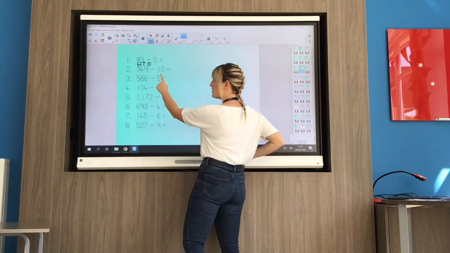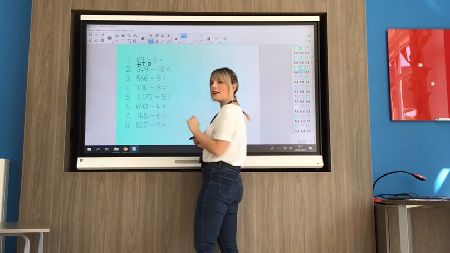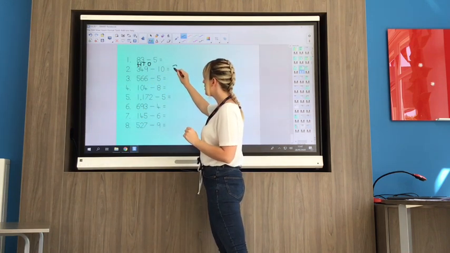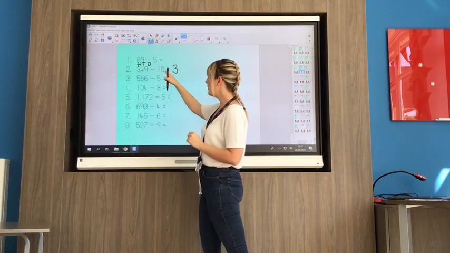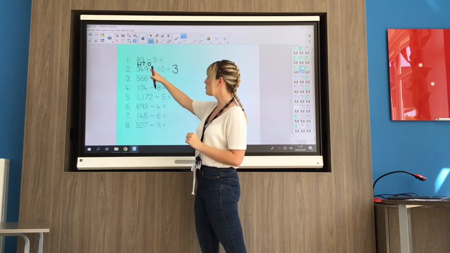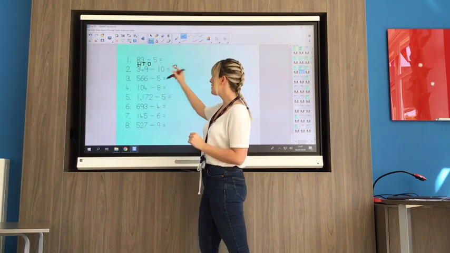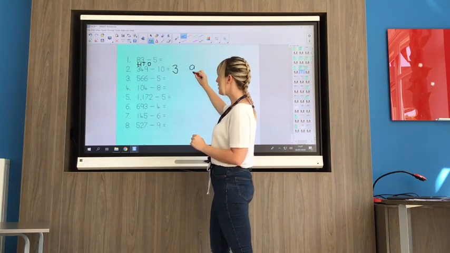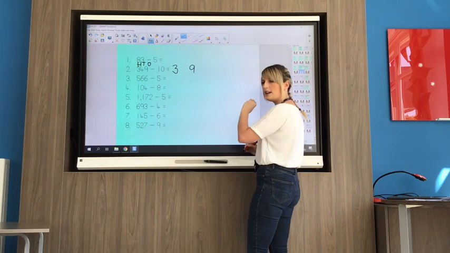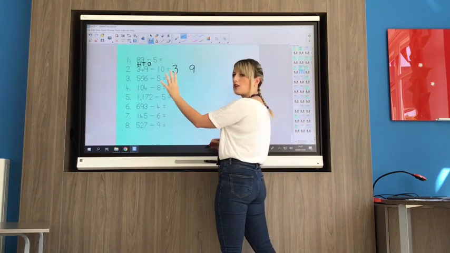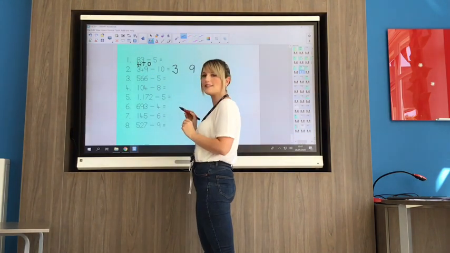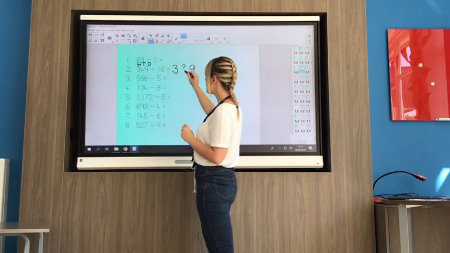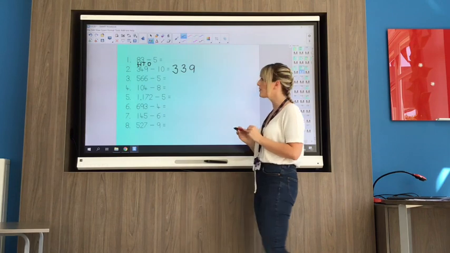If I'm only subtracting 10, my hundreds isn't going to change, so I'm still going to have 300 and something. I also know that from my 1s, I'm subtracting 0, so my 9 will be there. Taking the 1 away from the 4 tens would be 3 tens, so it would be 339.